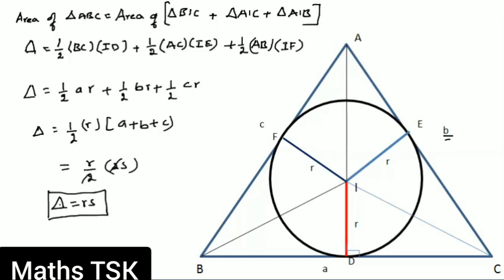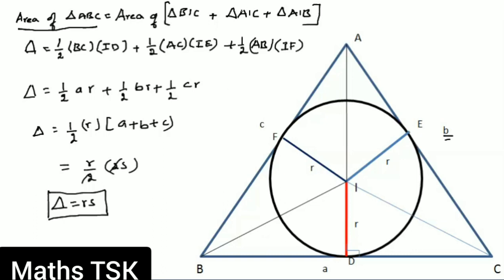So delta is the area of the triangle, based on the area being half into base into height. The total triangle ABC we divided into three parts: area of triangle BIC, area of triangle CIA, area of triangle AIB.